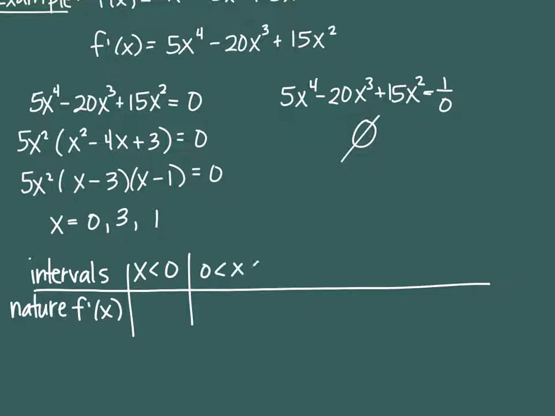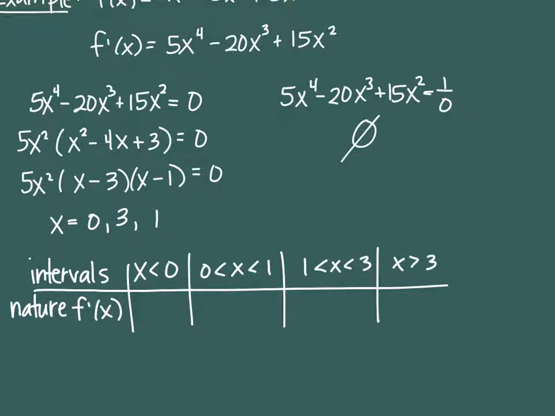We'll have an interval between the critical points of 0 and 1. We'll have an interval between the critical points of 1 and 3. And we'll have an interval greater than 3. And what we want to do is check what the nature of the derivative is within each of those intervals by just selecting a value that falls within the interval and testing our derivative.